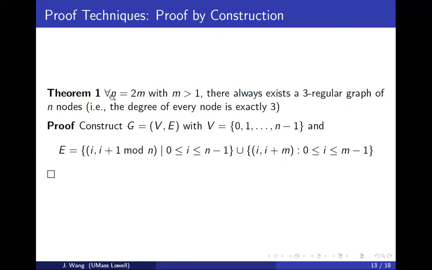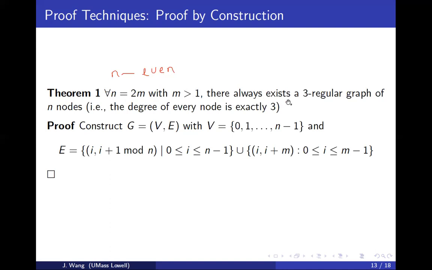We first look at this theorem that says for any even number n, which of course is equal to 2 times m for some m. This m does not have to be even. But we want to say this m has to be greater than 1. So that means this even number has to be at least 4.